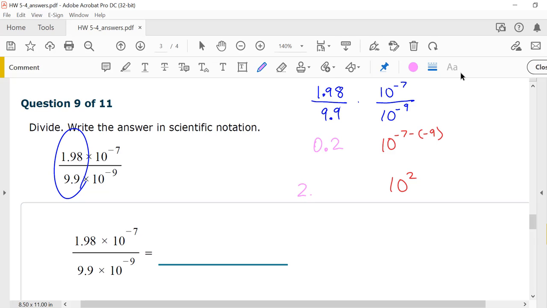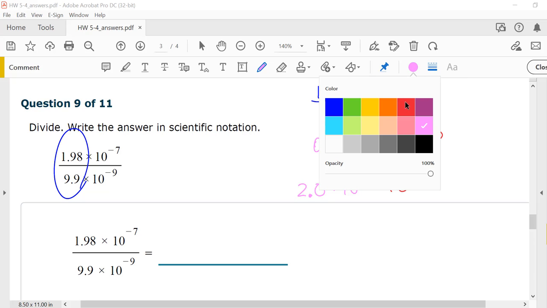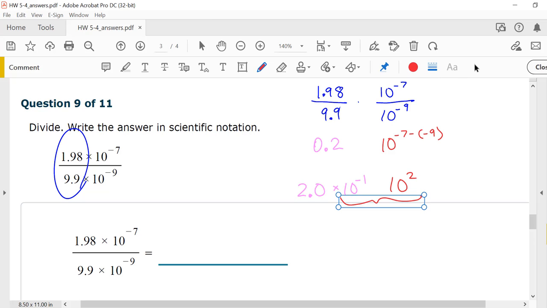To write it in scientific notation, that would be 2.0 times 10 to the negative 1, because I need to move it over 1. And then combining the powers of 10 again, that would be 10 to the negative 1 plus 2, which is 10 to the 1. So I have 2.0 times 10 to the 1.